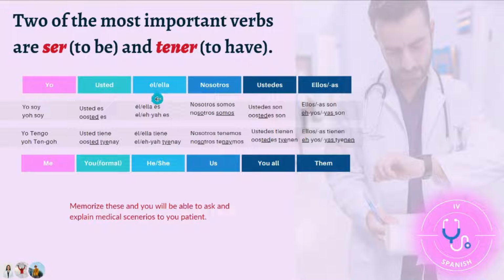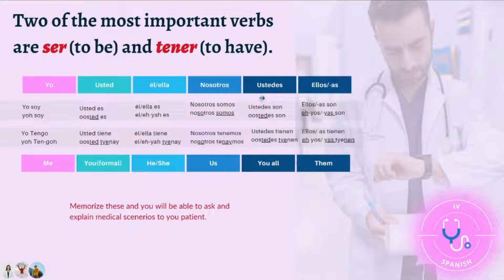If you want to say he or she is, él, ella, es, he or she has, él, ella, tiene. If you want to say we are and we have, you can say nosotros somos and nosotros tenemos.